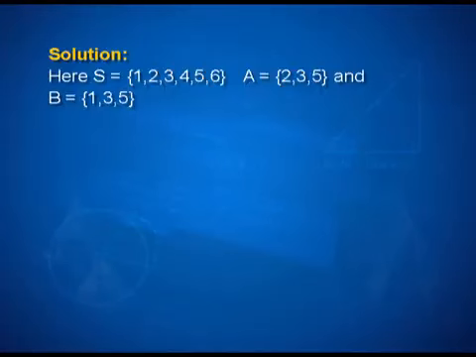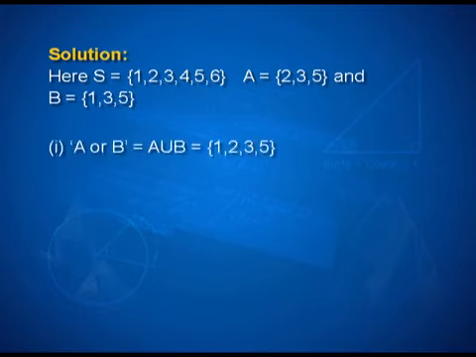Here sample space S is {1, 2, 3, 4, 5, 6} and A is equal to {2, 3, 5} and B is equal to {1, 3, 5}. Obviously, first, A or B is equal to A union B, that is equal to {1, 2, 3, 5}.